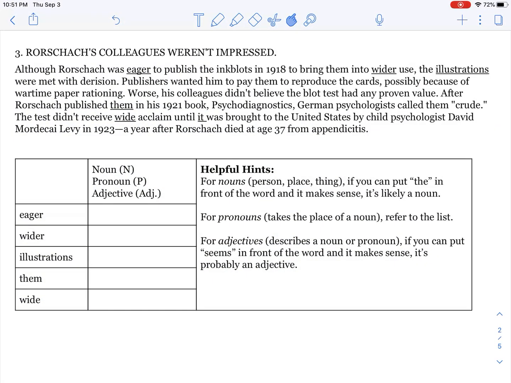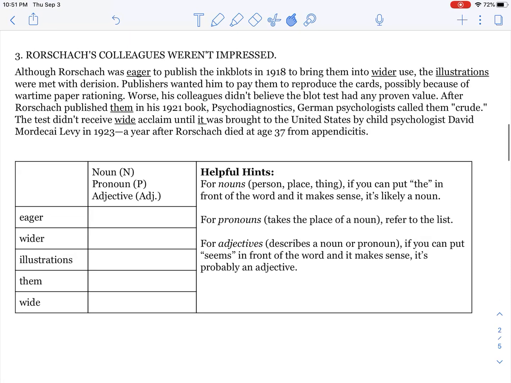What about seems eager? It seems eager. So we're going to put adjective right here because it's describing Rorschach. What was Rorschach? He was eager. The eager Rorschach.